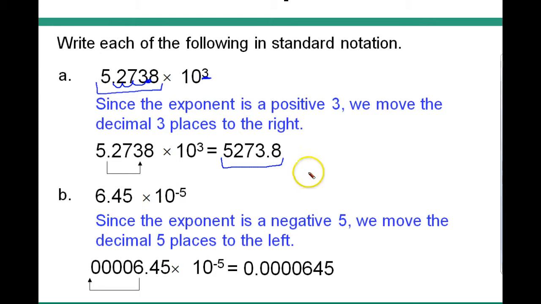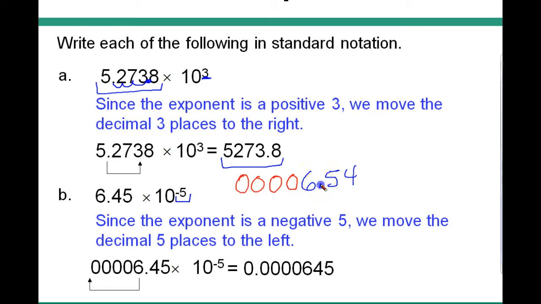Now here we have the number 6.54, but it's going to be a small number because of the negative exponent. How many places do I have to move the decimal point? 5 places. Well, there's 1 already right there, so I have to add 4 zeros. 1, 2, 3, 4.